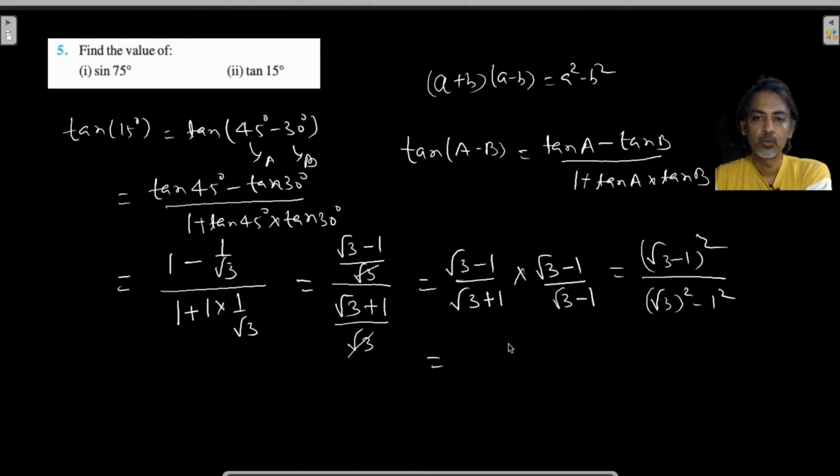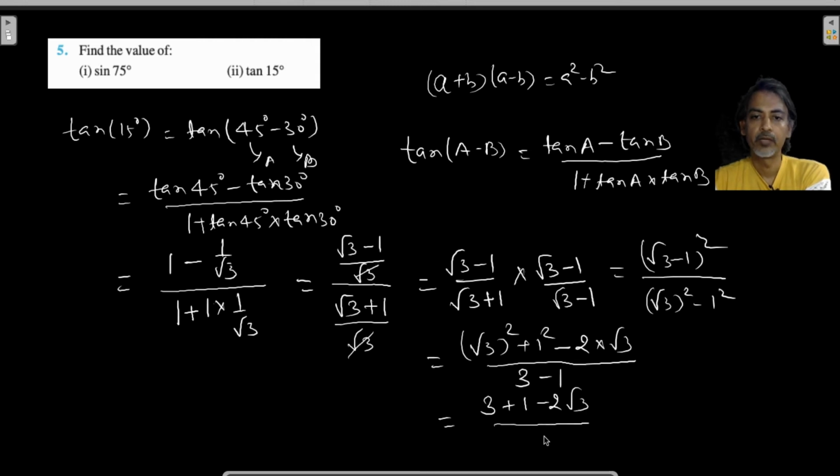Now coming to this part, if you can expand it, it's a minus b whole square. So this will be root 3 whole square plus 1 square minus 2 times root 3, divided by root 3 square, which is 3, and then minus 1. Now root 3 whole square is 3, 1 square is 1, and minus 2 root 3, divided by 2.